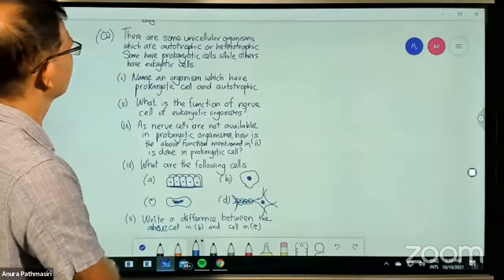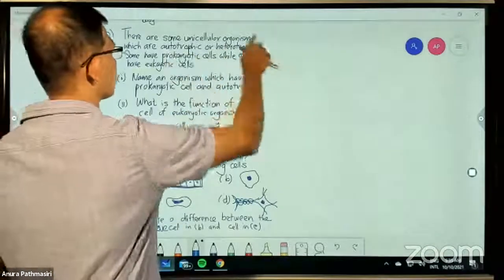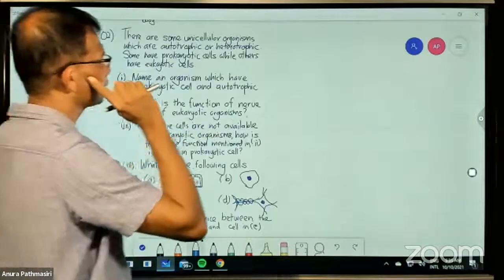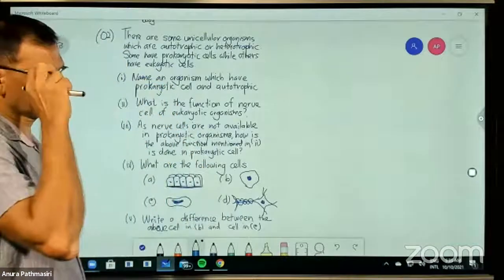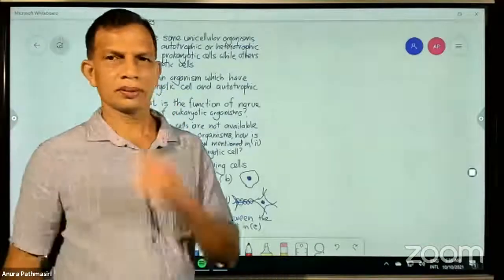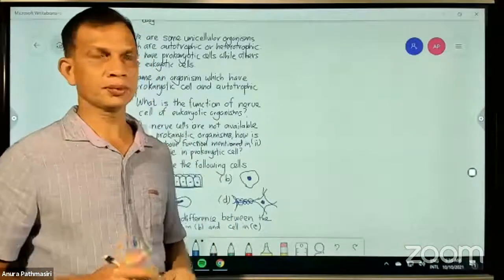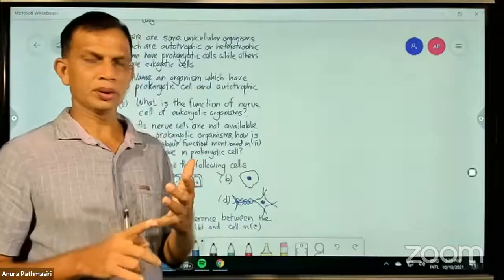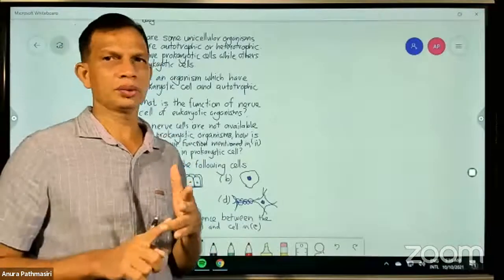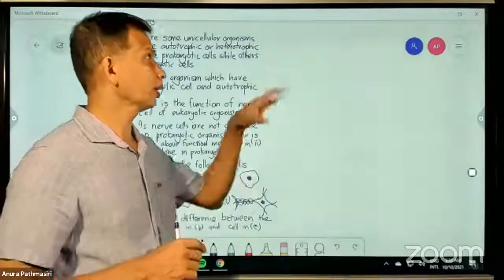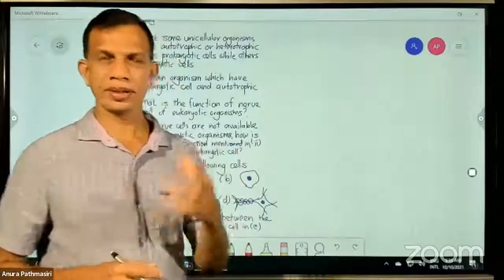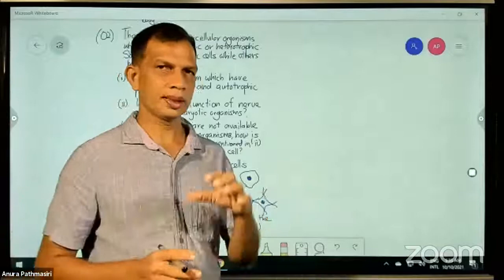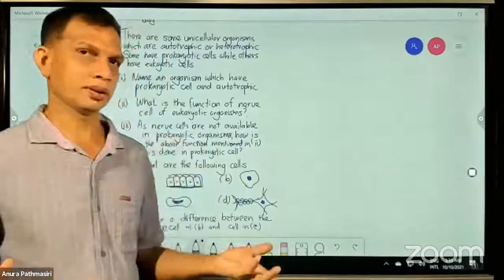Some unicellular organisms are autotrophic or heterotrophic. Some have prokaryotic cells while others have eukaryotic cells. Now, I got one objective today to highlight to you: prokaryotic cells and eukaryotic cells. I referred to it several times, and I showed you how the prokaryotic cell and the eukaryotic cell are different.